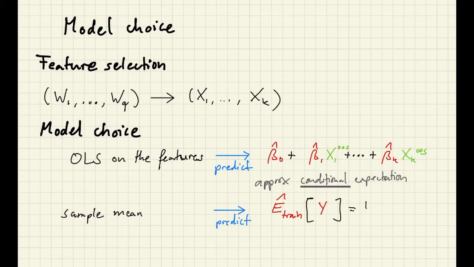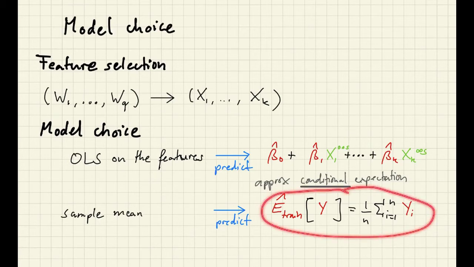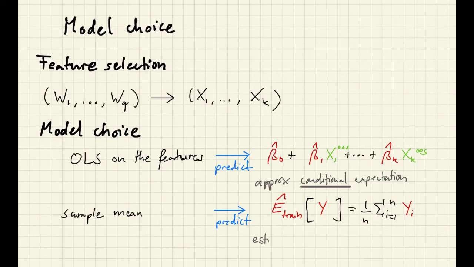And just to remind you what the sample mean is, this is just the average over the y's in the training sample, and as you can see, this is all red, so the information in the out of sample observation, in the axis for the out of sample observation, isn't even used in the prediction. We always predict the same value regardless of what axis we observe. And this is because the sample mean estimates the unconditional expectation.